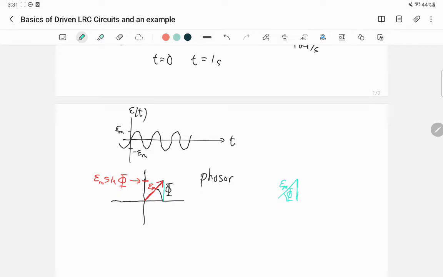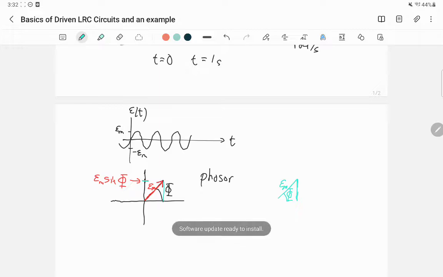So I hope you can see how this phasor, this arrow with its angle and its magnitude, actually represents a particular value on the vertical axis, right?